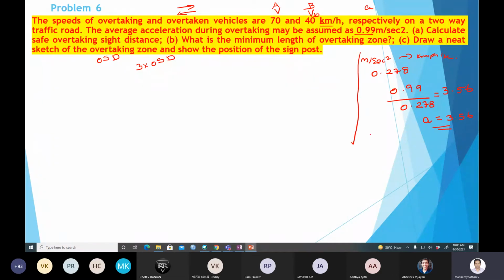One way you can make this change and apply it in the equation. The second way is that the speeds, 70 kilometers per hour and 40 kilometers per hour, can be converted to meters per second. Are you getting how to change that value? So the kilometers per hour you have been given can be converted to meters per second.